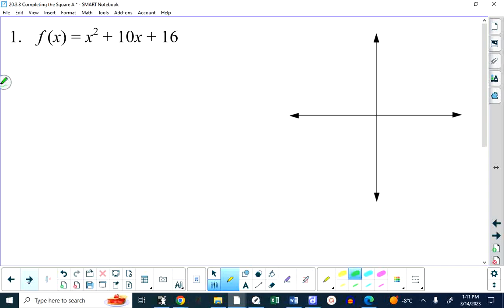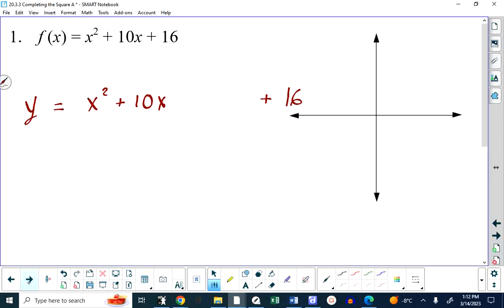So here's how you do it. We start off, I hope you're okay with me just saying y. Let's dispense with the fancy stuff and just call it y. Y equals x squared plus 10x plus 16. We're going to rewrite this, but you are going to move the 16 down the line. You're going to leave some room in between the x terms and the constant term.